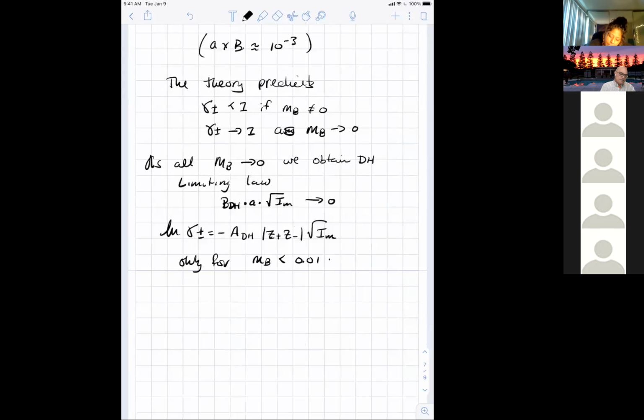So you should really only consider it below 10 millimolar, and then only for symmetrical solutes, symmetrical electrolytes. Okay.